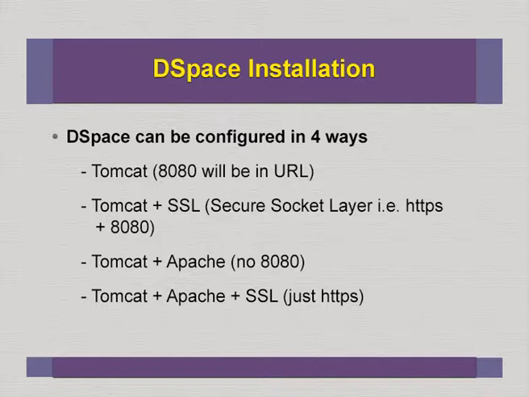By default, Tomcat uses 8080 port, but you can run on another port. In any case, if you run just Tomcat, then you have to inform everybody, in addition to the URL, they have to add :8080/JSPUI or XMLUI to access your DSpace instance.